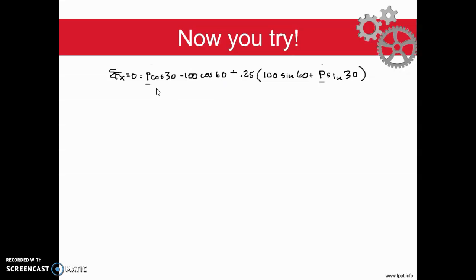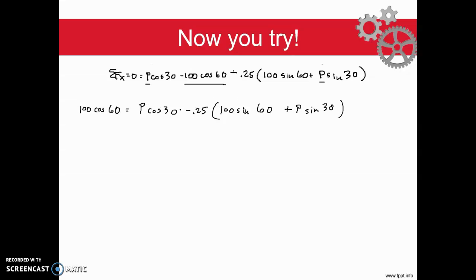So I copied that equation onto a new slide to give myself a little bit more room to solve this algebraically. I'm going to take this term right here and move it over to the other side. So this becomes 100 cosine of 60 is equal to P cosine of 30 minus 0.25 times the quantity 100 sine of 60 plus P sine of 30.